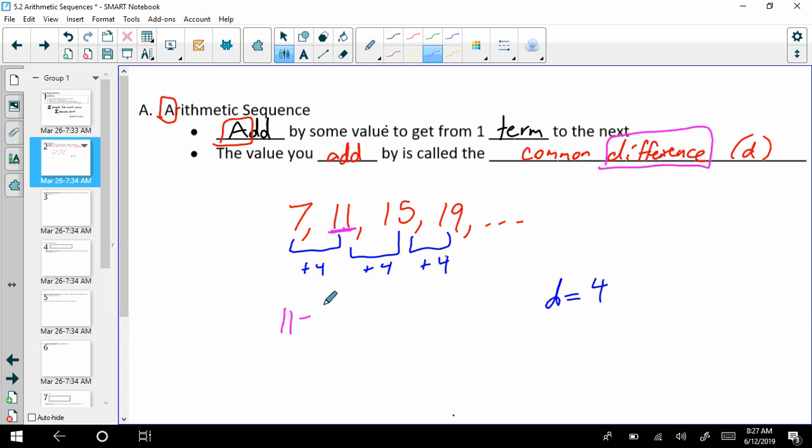So I could have done 11 minus 7 and got 4, or 15 minus 11 and got 4, or 19 minus 15 and got 4. If it's arithmetic, it does not matter where you subtract, you should get the same number every time. But you're always taking one and subtracting the one that came before. That's why it's called the common difference.